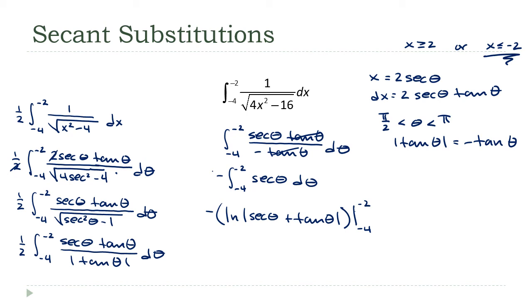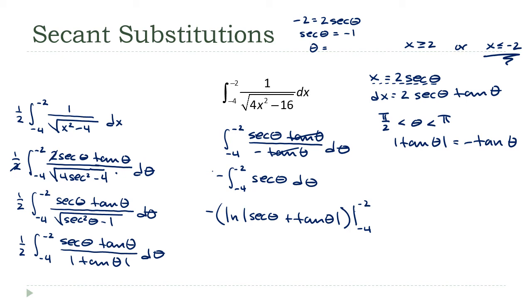Okay. So when x is -2, going back to our substitution, -2 equals 2 secant theta. Secant theta equals -1, which means theta equals, when is the secant -1?